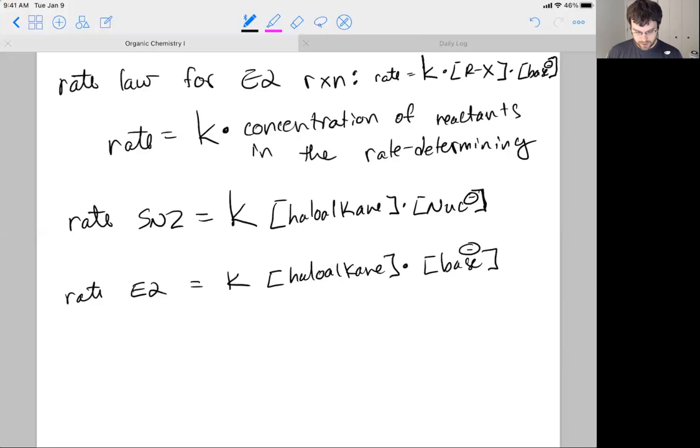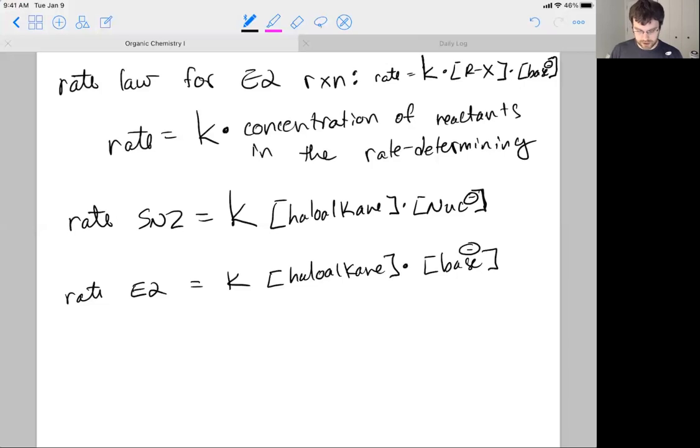So this is our rate law. If we consider the reactants again, they were just the haloalkane and the base, and the products were the alkene, the elimination product, plus H base.